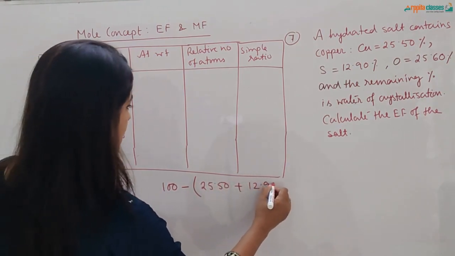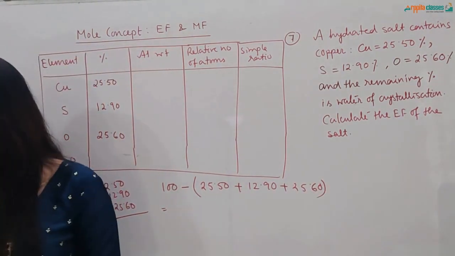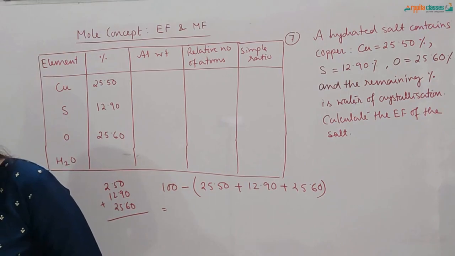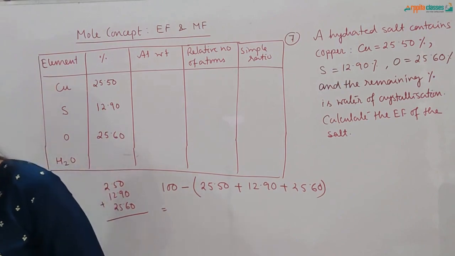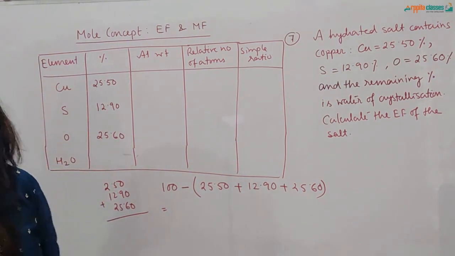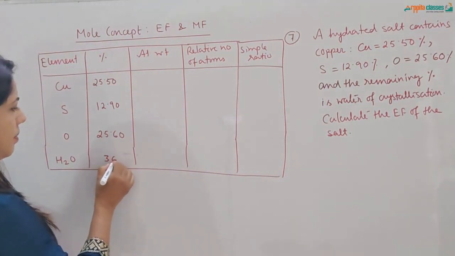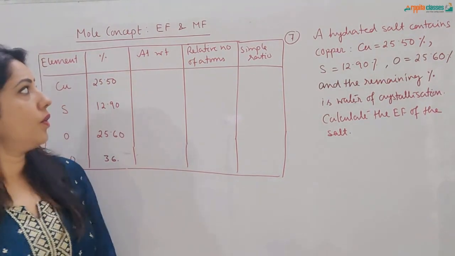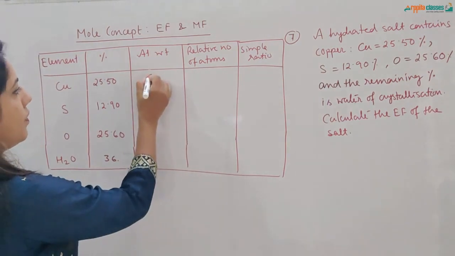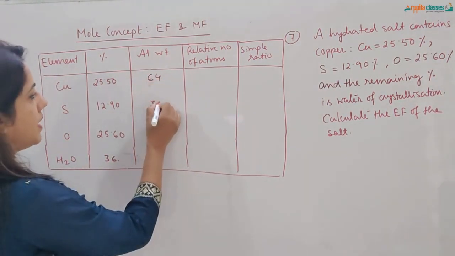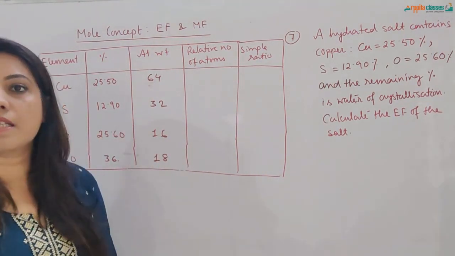If you add up all these, it will come 36%. You can do this calculation, I have just done it before. So now atomic weight for copper is 63.5, we'll take it as 64, sulfur is 32, oxygen is 16, and water we will take the molecular weight, that is 18.